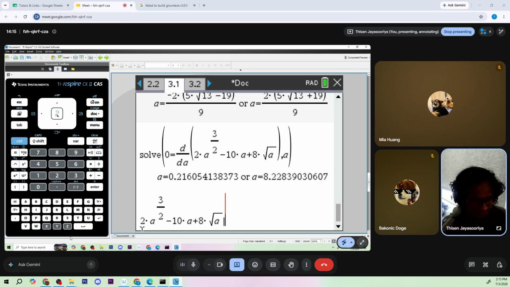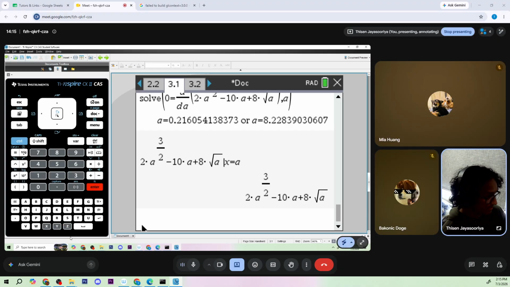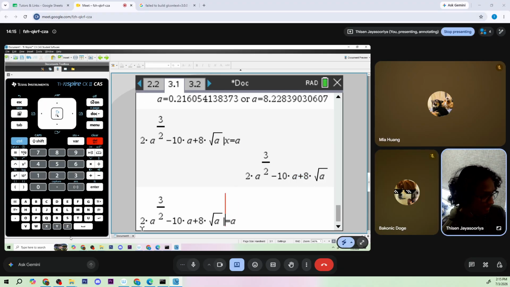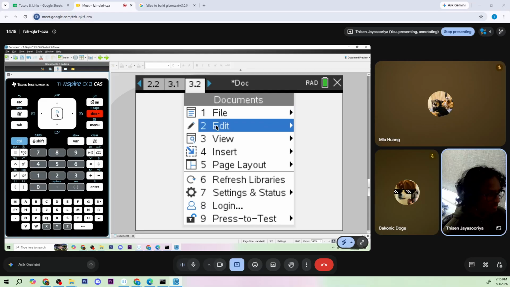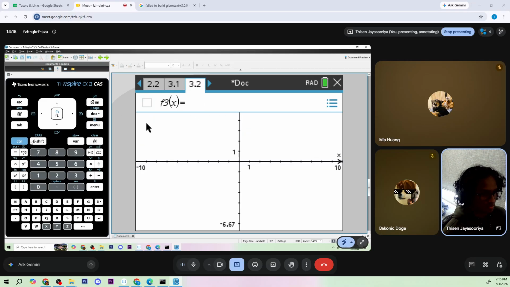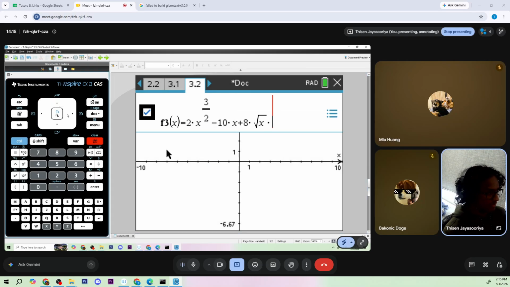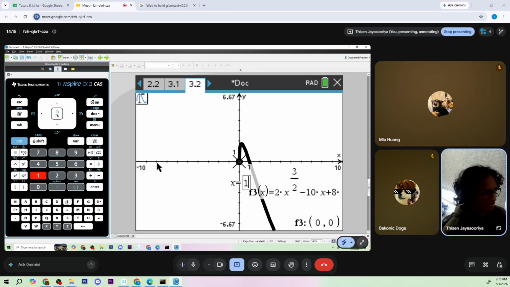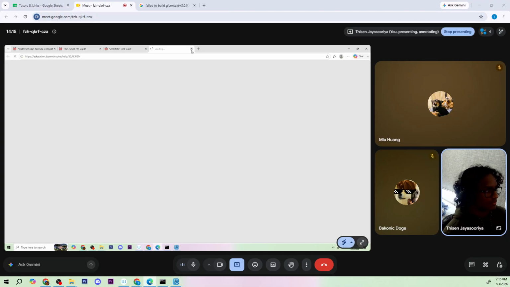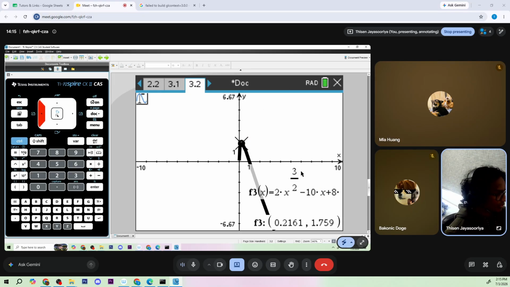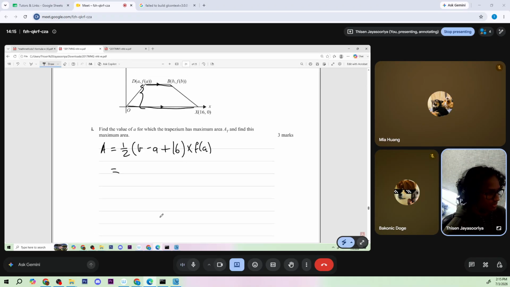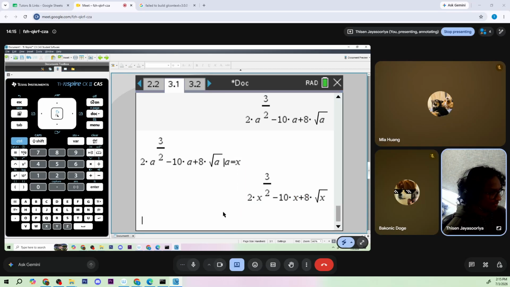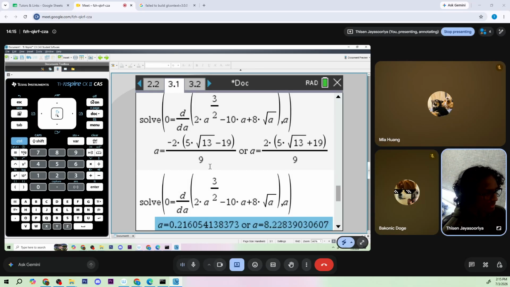So if I sketch A equals X on my calculator, Control C, menu 2, Control V. Here I get 0.21, which is exactly the value that I got over here, which is the first one out of our two solutions.